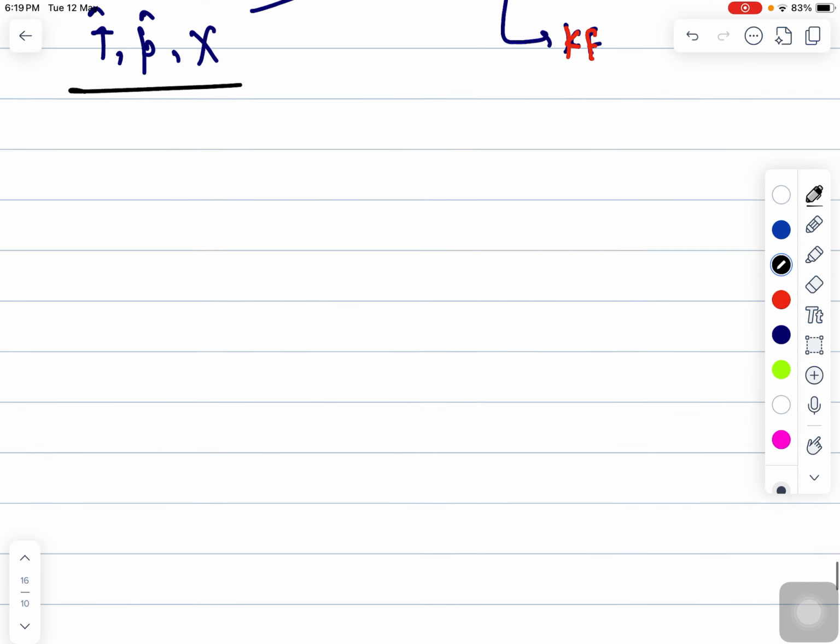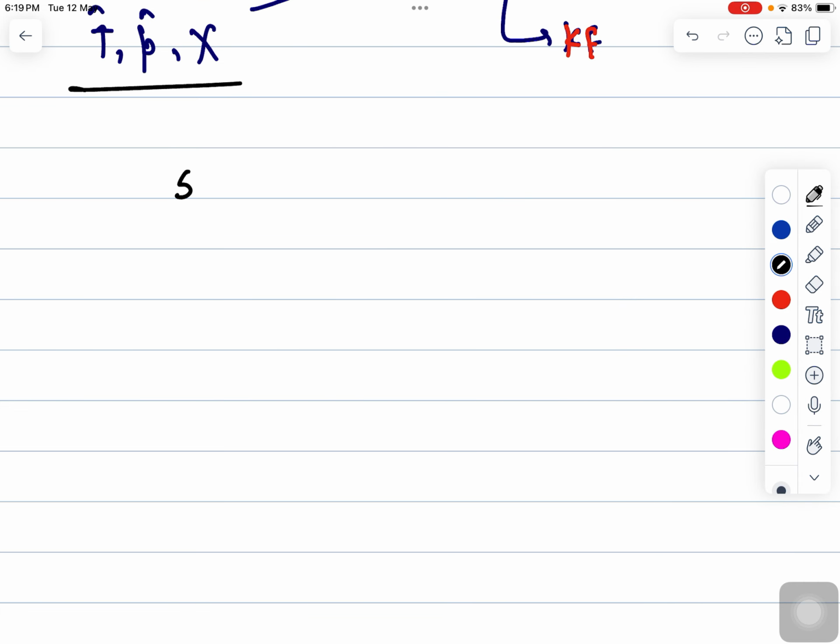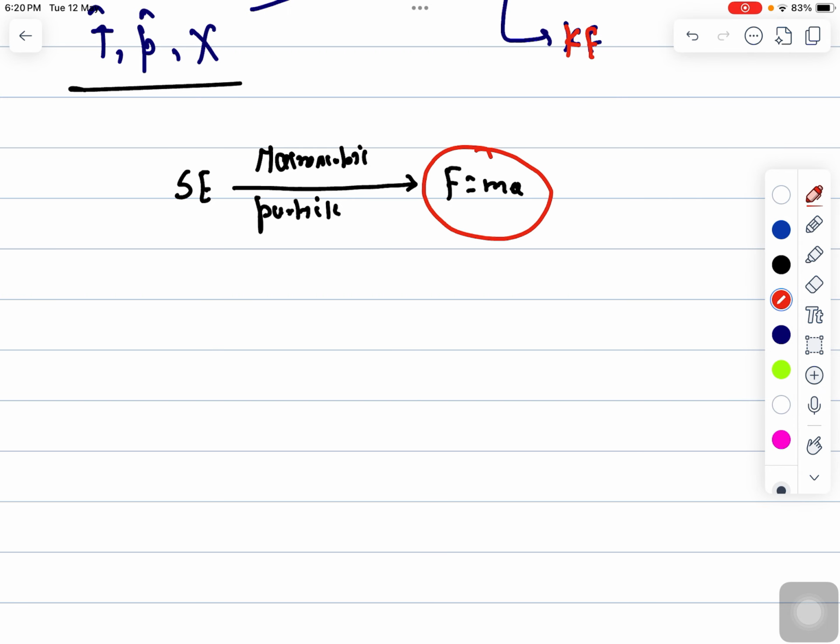Now, if we apply the Schrodinger equation over a macroscopic particle, that basically gives us Newton's second law of motion, F equals ma.